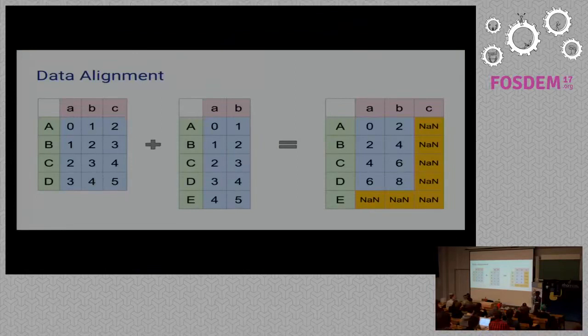The reason is, for example, for the E row, for the E index, there's no value in the first data frame, so it doesn't know what value to add, what value to fetch, and that's why it cannot perform an addition operation or a merge operation on E. So all the elements of E in the resultant data frame will be not a number, and the same is the case with the C column as well.